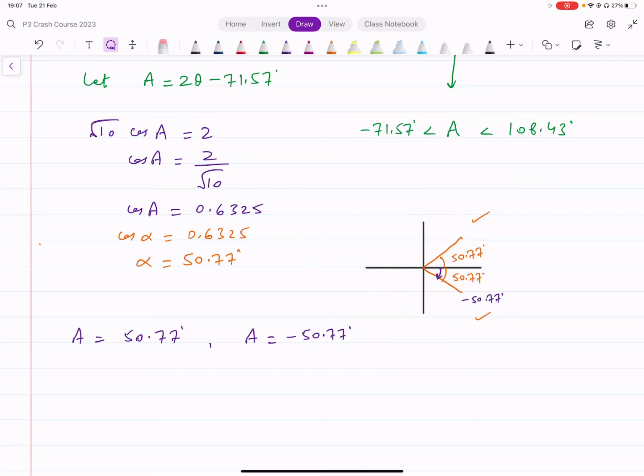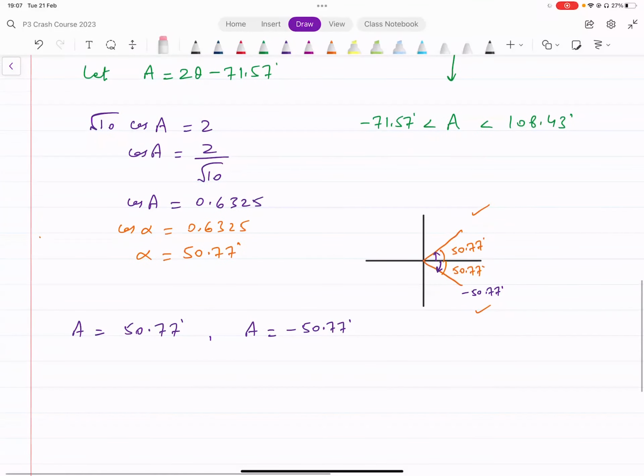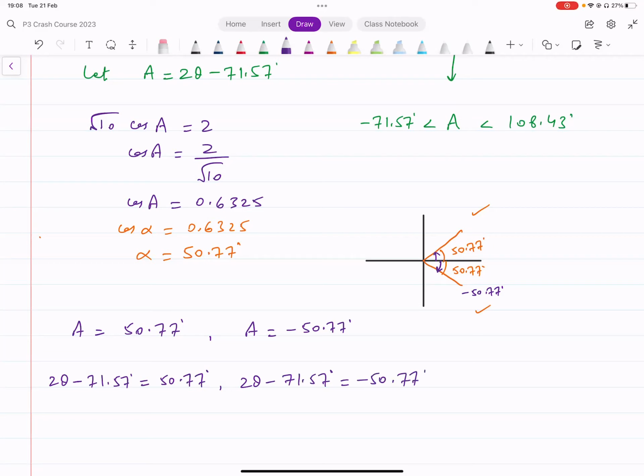All right. Now, once you have the values for A, what you can do is you can just put that substitution back. You had assumed this thing initially, A equals 2 theta minus 71.57. Just replace that back and say 2 theta minus 71.57 is equal to 50.77, or 2 theta minus 71.57 equals minus 50.77.